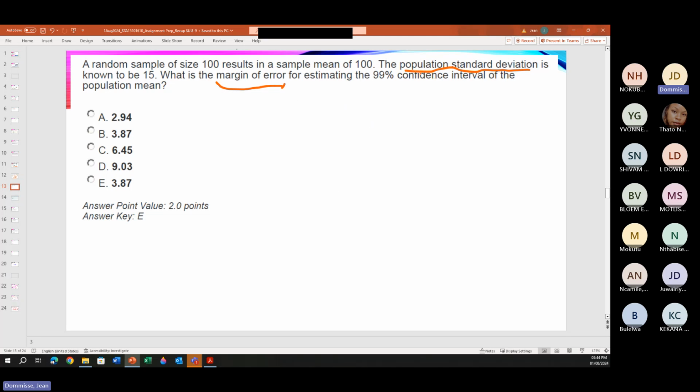So your standard error with a population standard deviation of 15. So standard error is standard deviation divided by square root of the sample size.